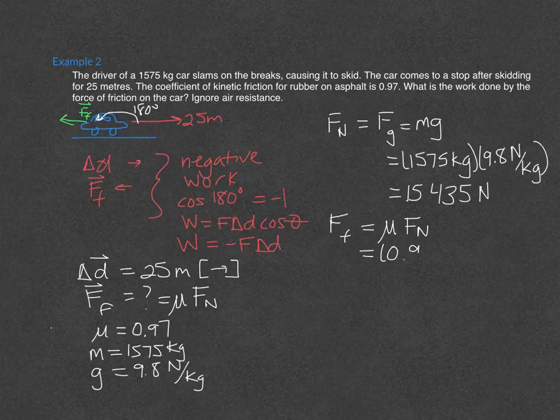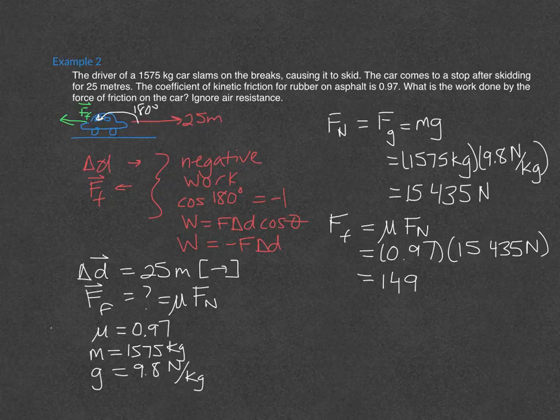So 0.97 times 15,435 newtons, and you should get 14,971.95, so about 14,972 newtons as your force of friction.